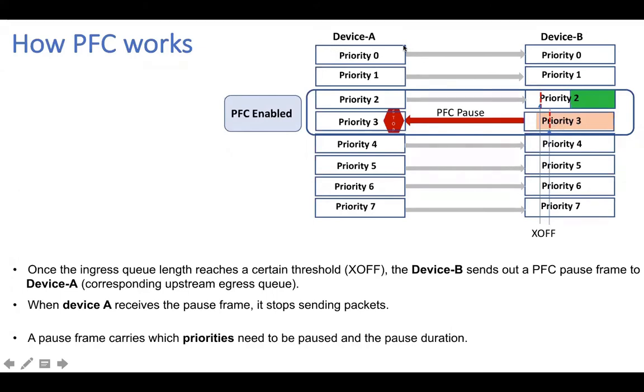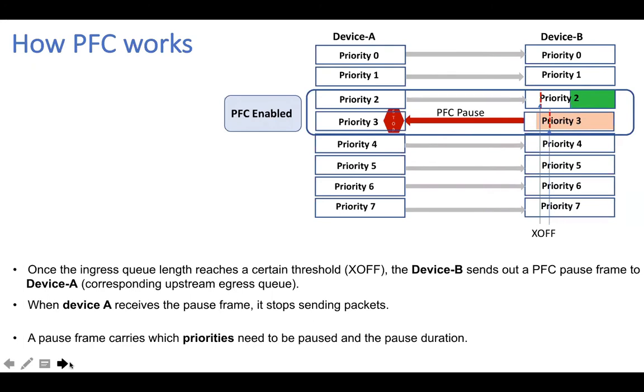When device A receives a PFC pause frame from device B, it stops sending data for a short period of time, which is specified in the PFC pause frame. Device A will start sending data again once congestion is mitigated or the timer specified in the PFC pause frame expires. Make sense? Please keep in mind that a PFC pause frame will be sent only for the lossless class, which we configure.